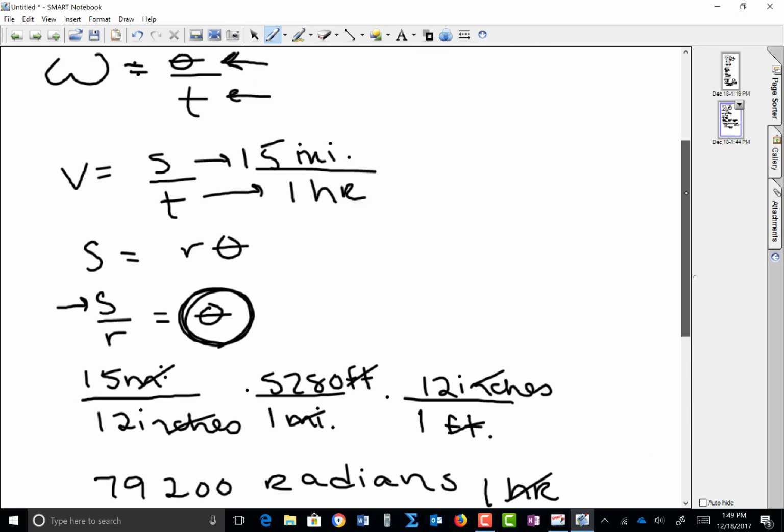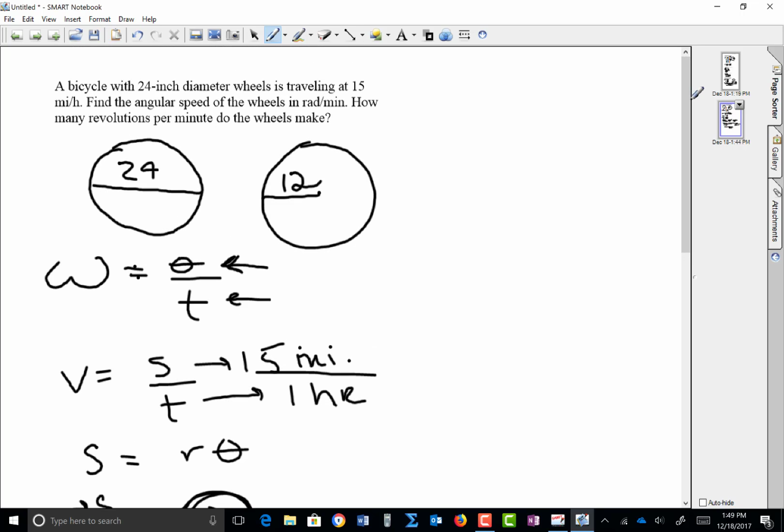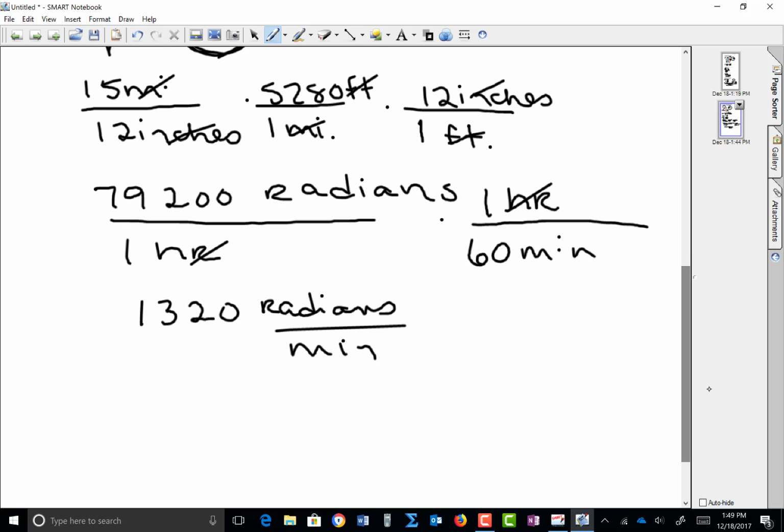Let's see what the next thing is. The next thing says, how many revolutions per minute do the wheels make? So we need to think about radians for a minute. 1 revolution all the way around is 2 pi radians.